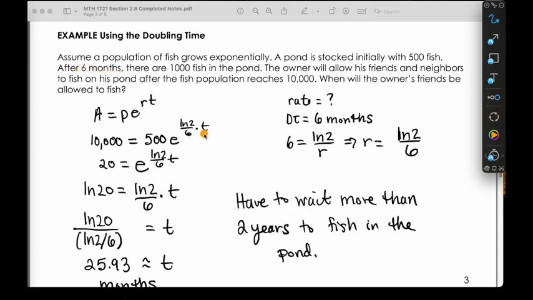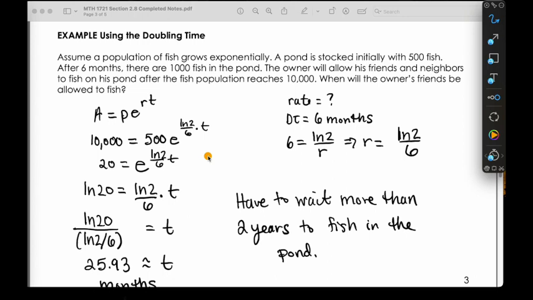So remember now, if we set it up where t is in months, that's going to give us this t here in months as well. So 6 months, that's our doubling time, is equal to the natural log of 2 over r. So r is going to be the natural log of 2 over 6. That's our rate. So I'm going to plug that in here for the rate.